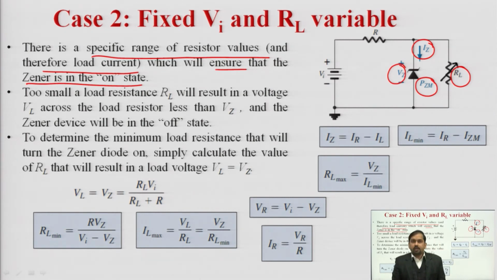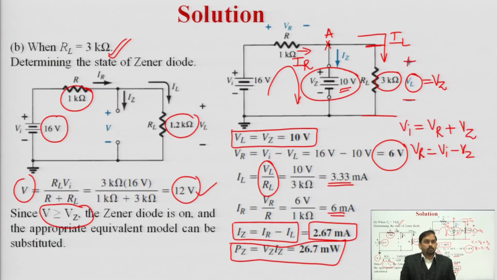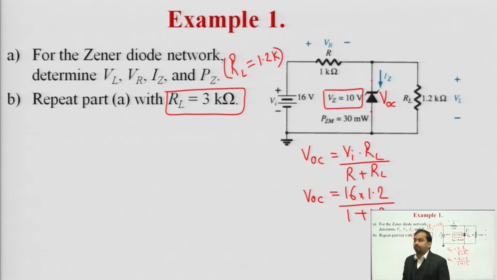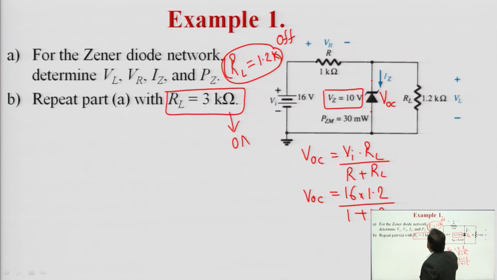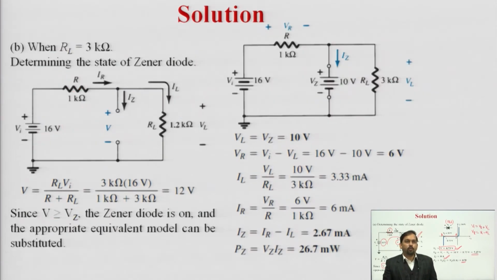As we have seen in our previous example, for a load resistance of, let us say, 1.2 K, the Zener diode was off, and when we modified this load resistance to 3 K, the Zener diode was on. So, we can say that there is a minimum value of RL which will turn on the Zener diode.